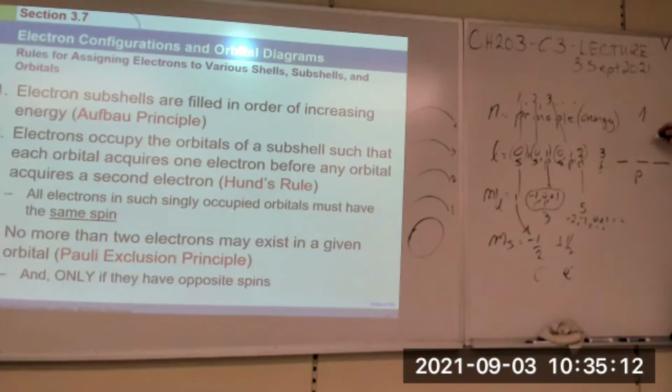So if it's like this, it spins one way. If it's like that, it spins the other way. Okay. So Hund's rule says that, well, we know that you can have two electrons in there with opposite spins. But Hund's rule says you can't put opposite spins together until you get the same spin in all the available orbitals.